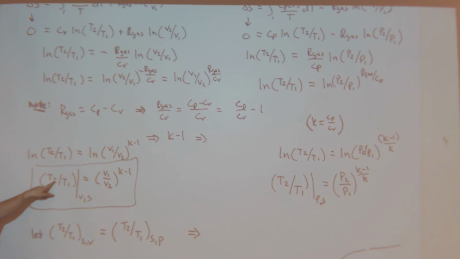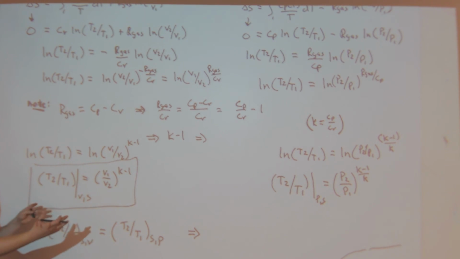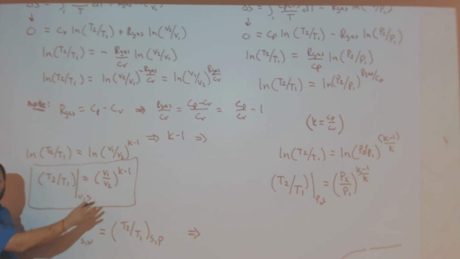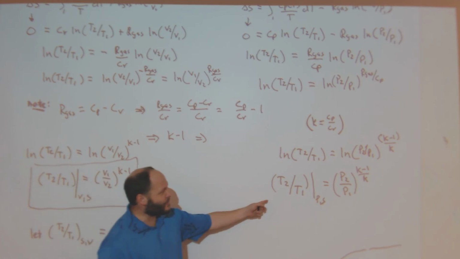So I'd have the final temperature of my ideal gas through an isentropic process, an ideal gas with constant specific heats, equal to its initial temperature T1 times the change in volume, even though I got this from a constant volume process. So you can play around with these things and have special cases. So even though you might not have a constant volume process, you can get an answer by looking at the change in volume. And I can do the same thing here.